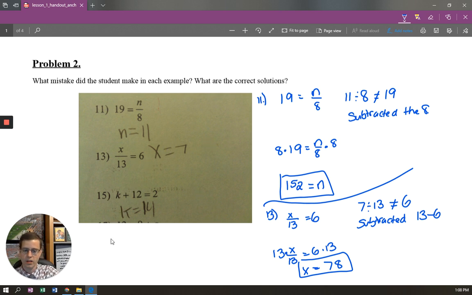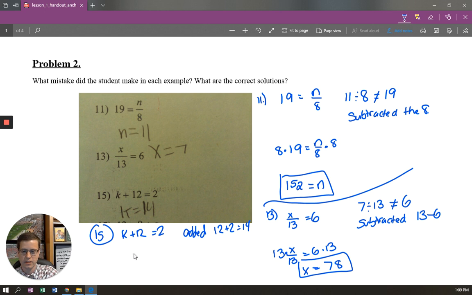Now, this question 15. K plus 12 equals 2. Well, if you're looking at that one, it looks like they added 12 plus 2 to get the 14.